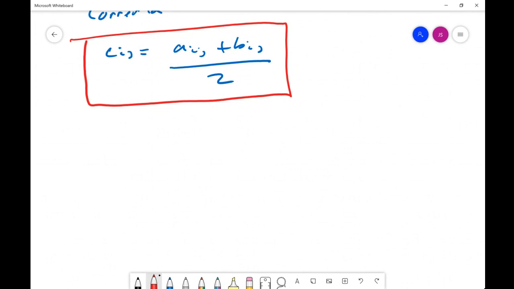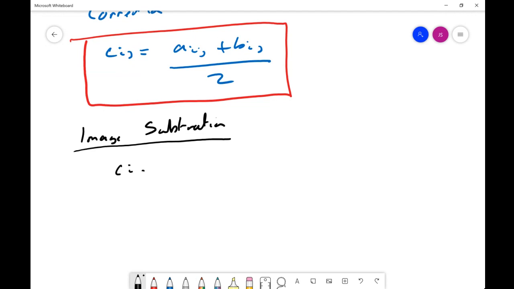If we've got image addition, there is image subtraction. And initially, you might think image subtraction is Cij equals Aij minus Bij. Again, no, it's not as simple as that.